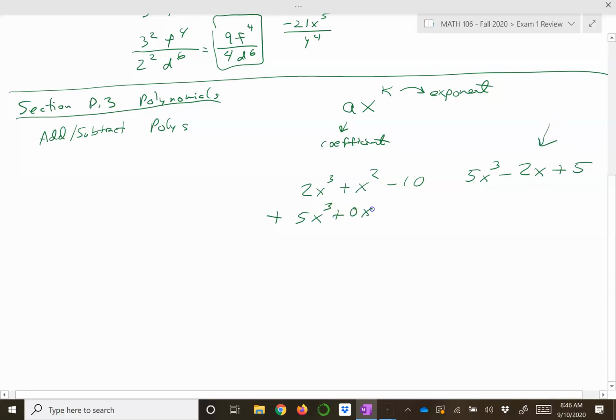So I said, throw a 0x squared in there, right? And then this one didn't have an x, so plus 0x minus 10. This way you're lining up all of the degrees of the polynomial. And you just add vertically. So you'll get 7x cubed plus x squared minus 2x minus 5. So this would be the addition.